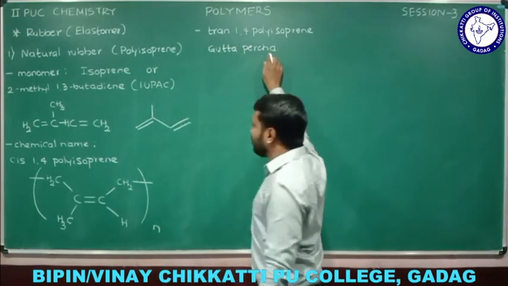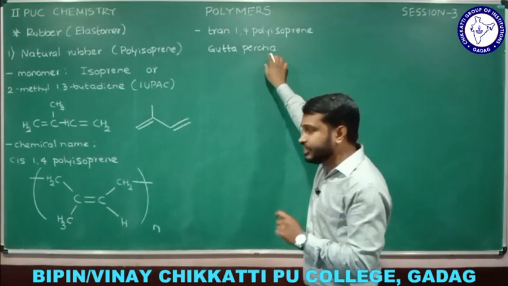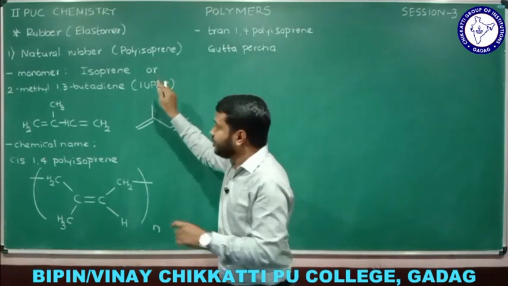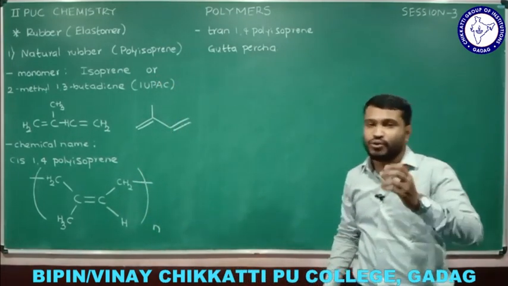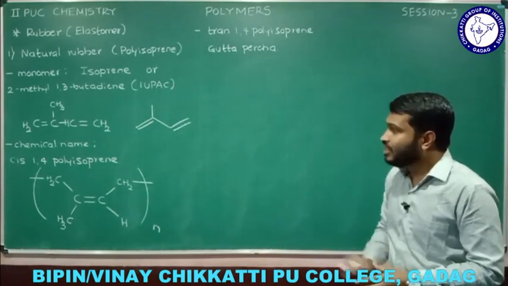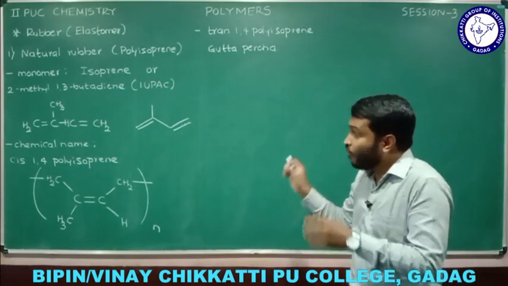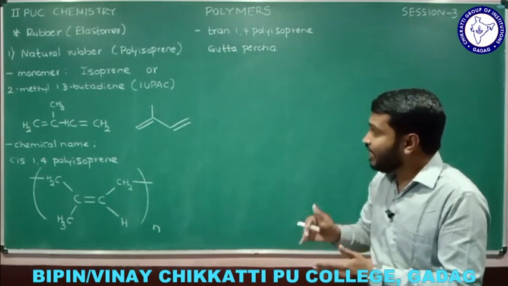But this is not a rubber, this is not a natural rubber. So try to know, natural rubber is always cis, and if it is trans, we don't call it natural rubber. That is the chemical name, and why we consider that structure, and why it is called cis-1,4-polyisoprene, we have seen.